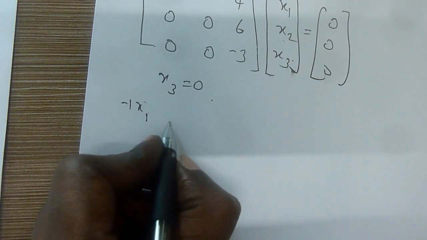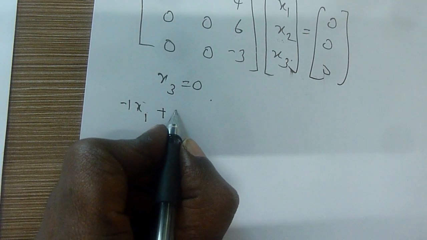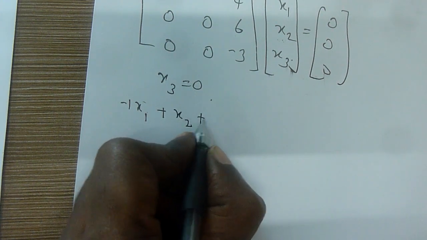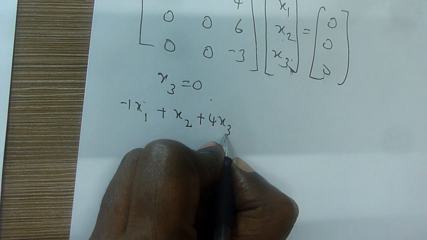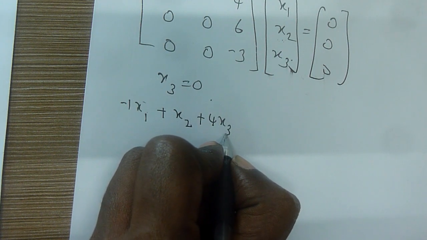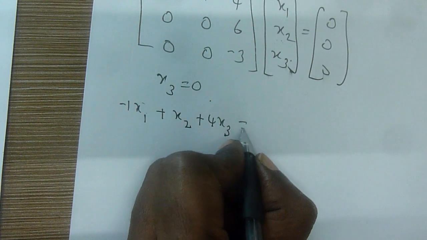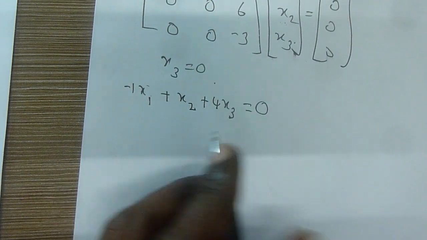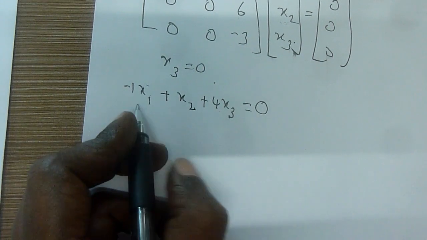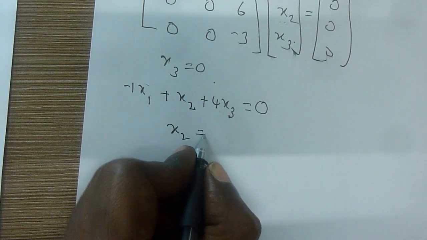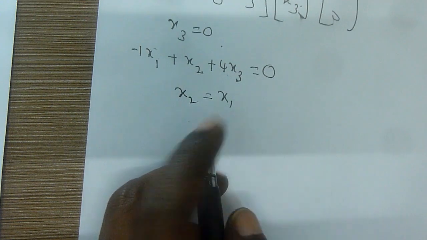Okay, x1 plus x2 plus 4x3 equals 0. But we know x3 is 0, so you just eliminate it, and then you will have x2 equals x1, right?